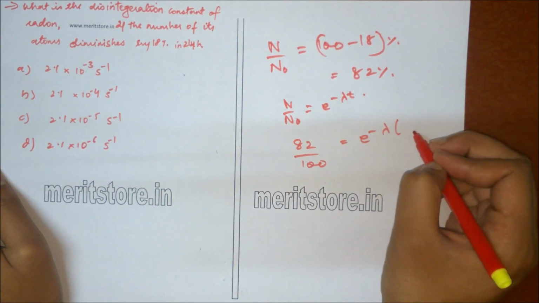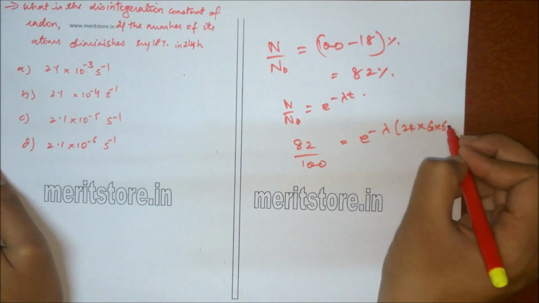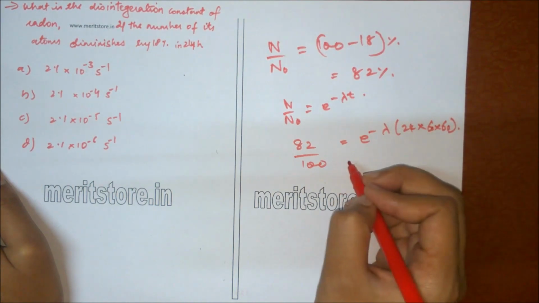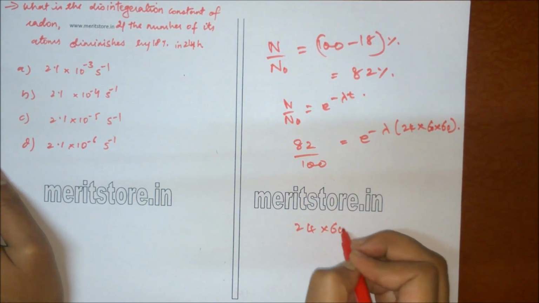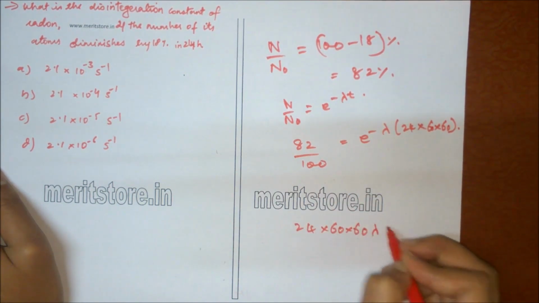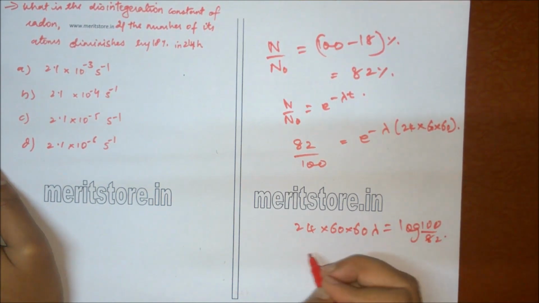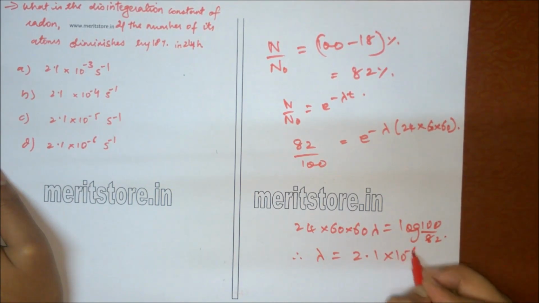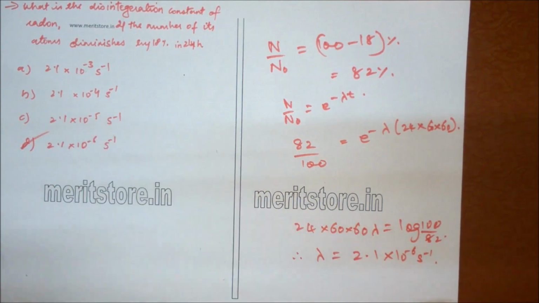Time is 24 into 60 into 60, which is 24 hours into 60 minutes into 60 seconds. Lambda is equal to log of 100 upon 82. On solving this, we get lambda is equal to 2.1 into 10 raised to minus 6 per second. So option D is the correct answer.